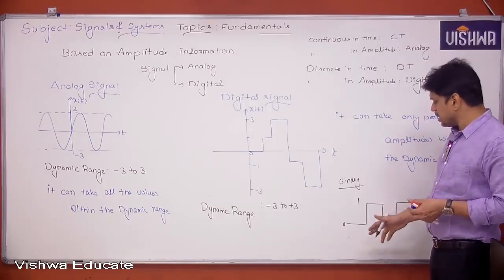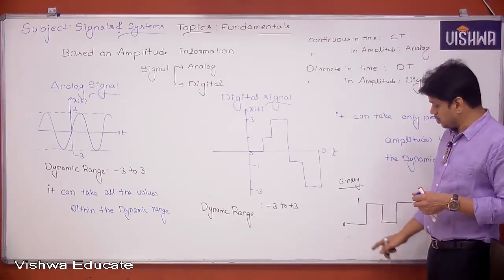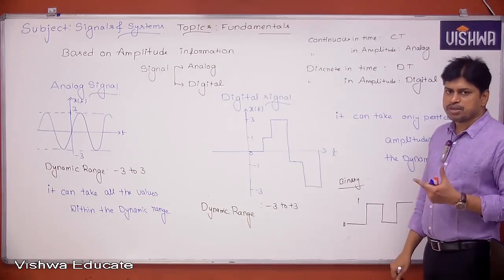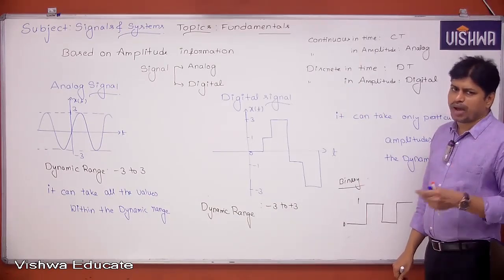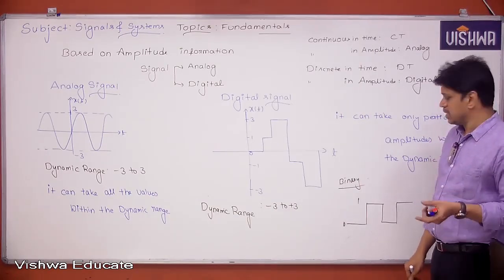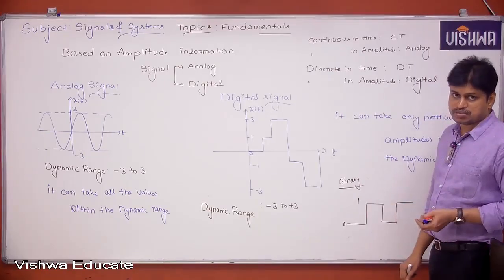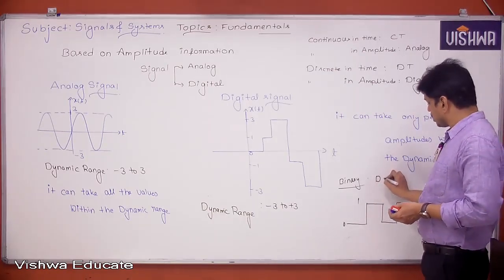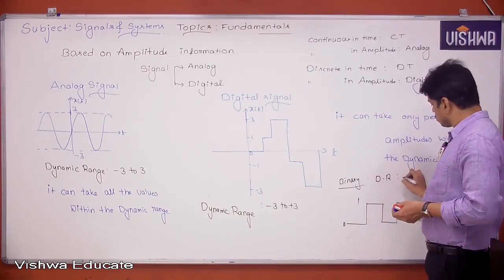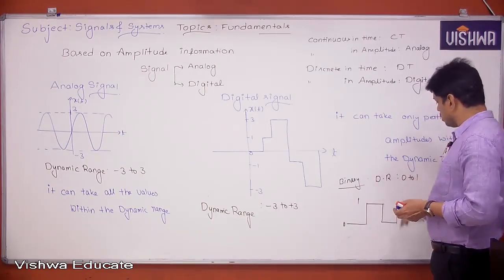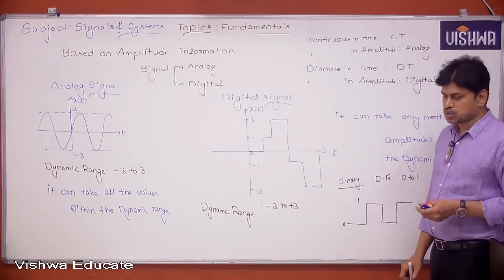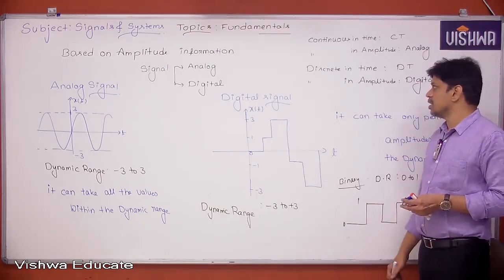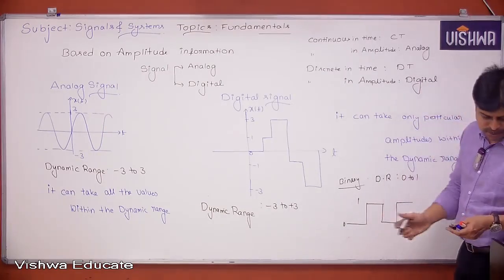But instead of taking infinite values, it is taking only two values, 0 and 1. So out of the dynamic range, it is considering only two values. Then what kind of signal is it? Definitely a digital signal. Understood? So here the dynamic range is 0 to 1, but it is taking only two values, 0 and 1, so definitely it becomes a digital signal.